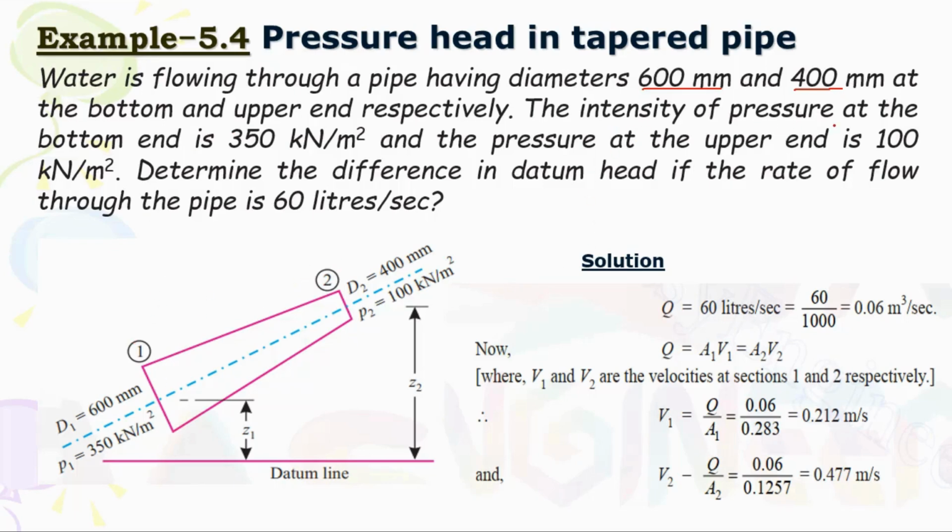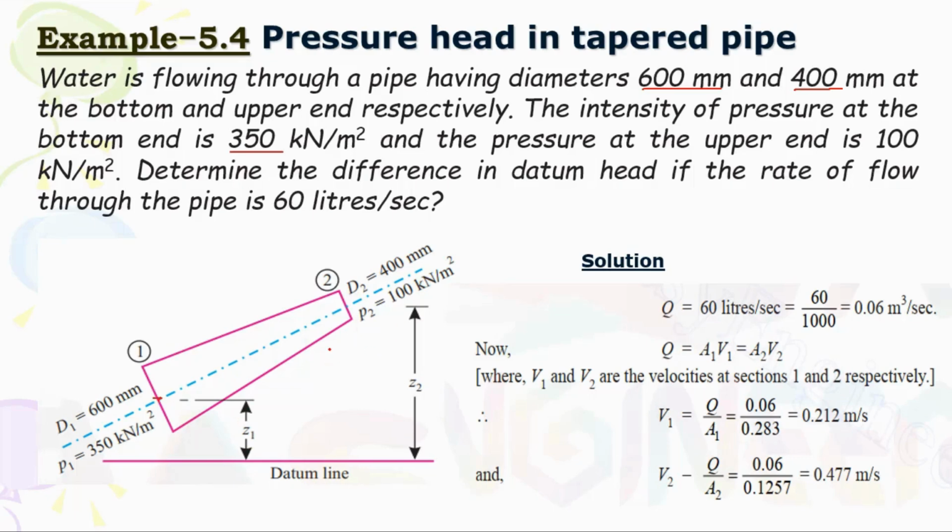So you have intensity of pressure at the bottom end is 350 kilopascal, and the pressure at the upper end is 100 kilopascal. So you have pressure and diameter at section 1 and at section 2, and you have respective elevation, which is potential head, which is Z1 and Z2.